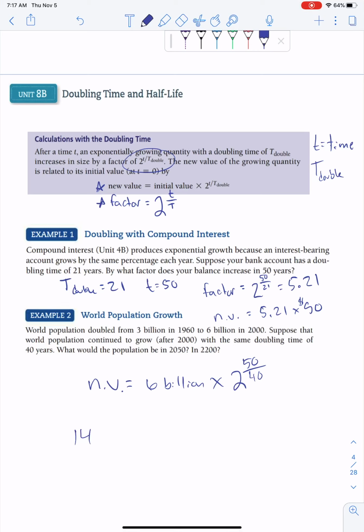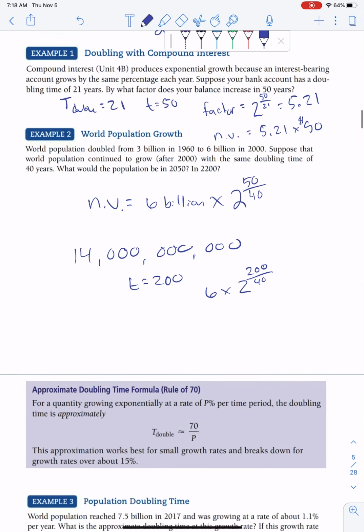That would be my new population in 50 years. If I wanted to find out in 2200, well, 200 years has passed, so my time would be 200 because I'm starting in 2000. So I would do 6 billion multiplied by 2 raised to the 200 divided by 40. And I'll let you do that one on your own.